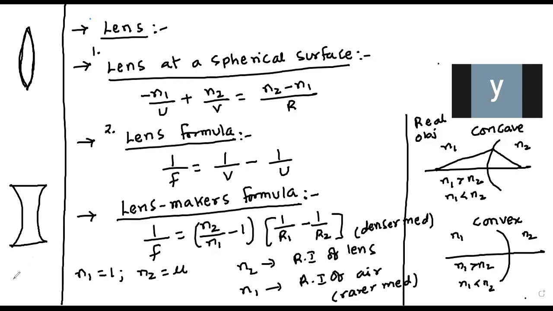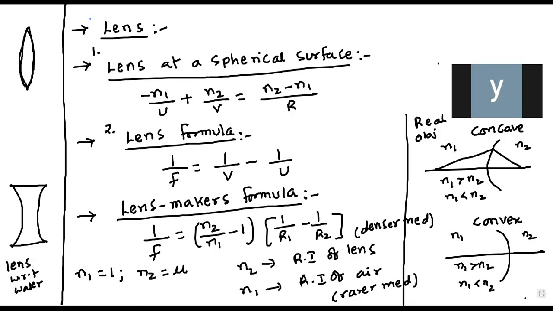Suppose I want to find what is the focal length of the lens with respect to water, then I can write refractive index of lens by refractive index of water. That is, the light ray is moving from water to lens.